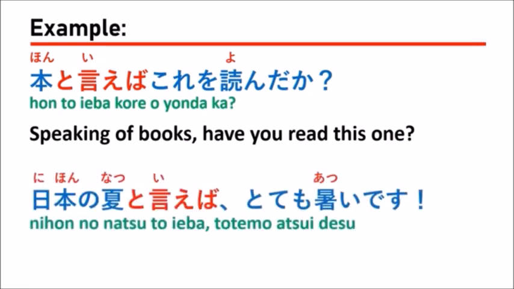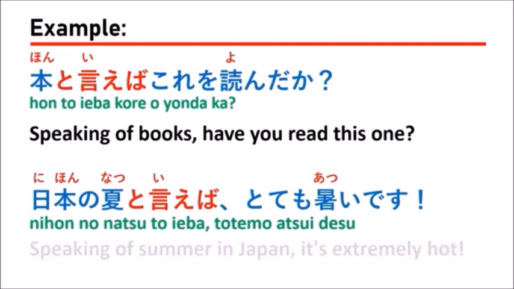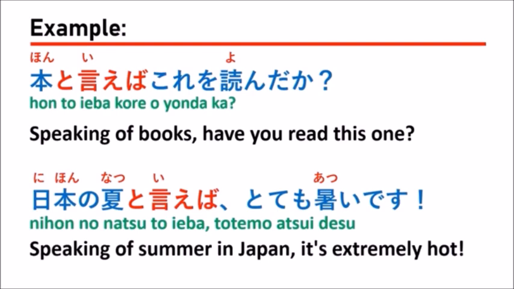The next example, Nihon no natsu to ieba totemo atsui desu. 日本の夏といえばとても暑いです。Which means, speaking of summer in Japan, it is extremely hot. Here our noun is natsu, which means summer, and Nihon no natsu means the summer in Japan.